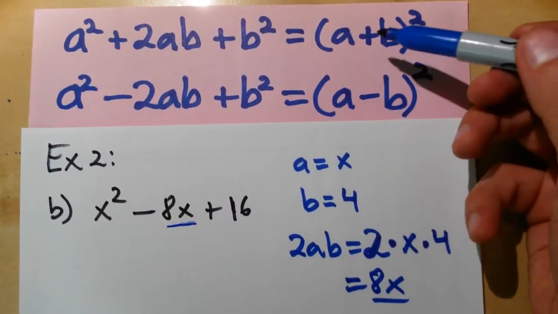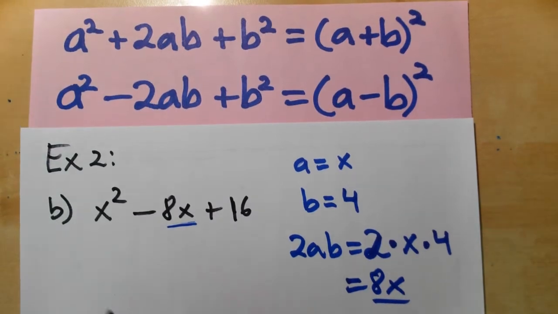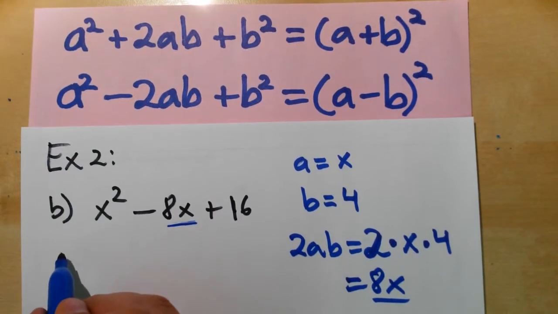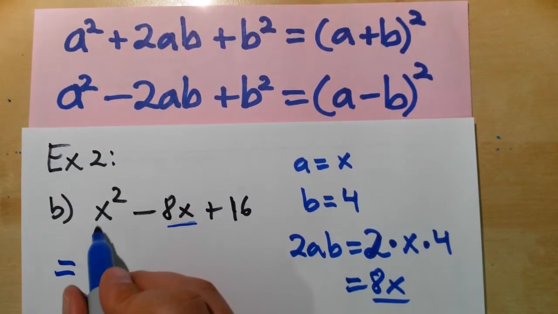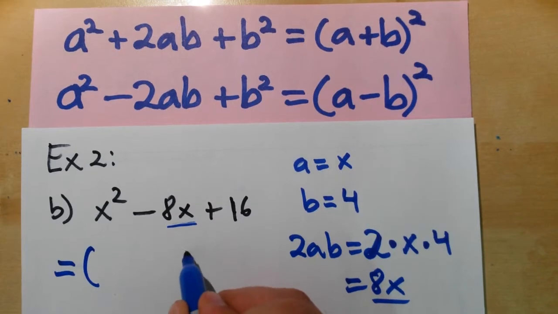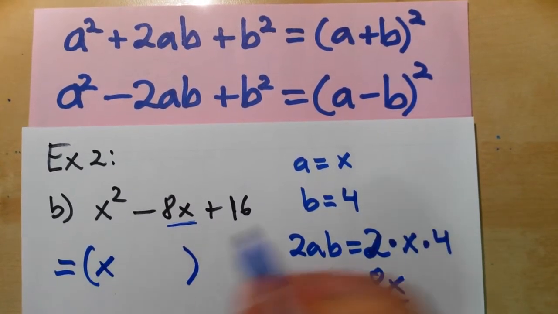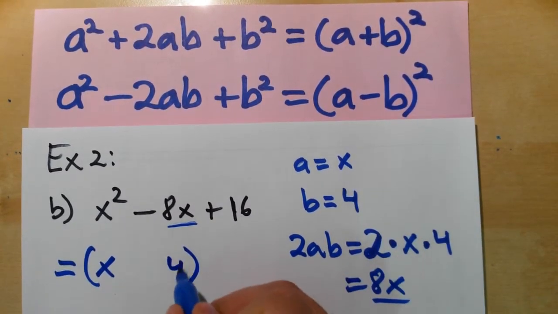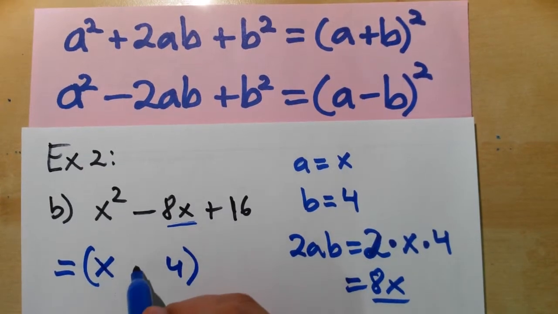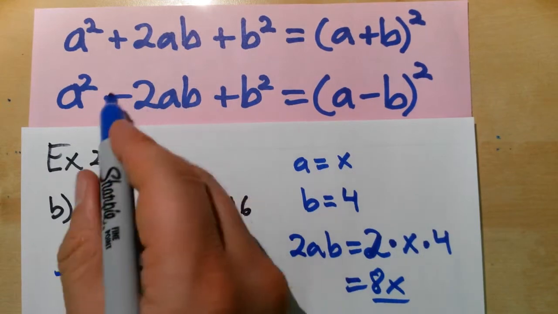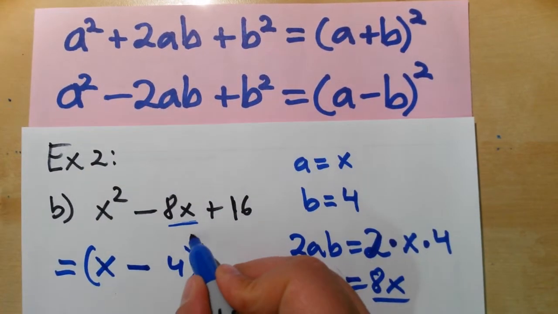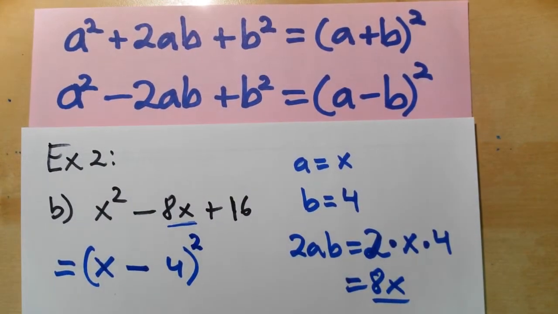So we can use the patterns that we have recognized here to more easily and quickly solve quadratic expressions, right? So we know that our a value is going to be x, our b value will be 4, right? And then we put a minus here because we know it belongs to this pattern, and then of course we write a square there.